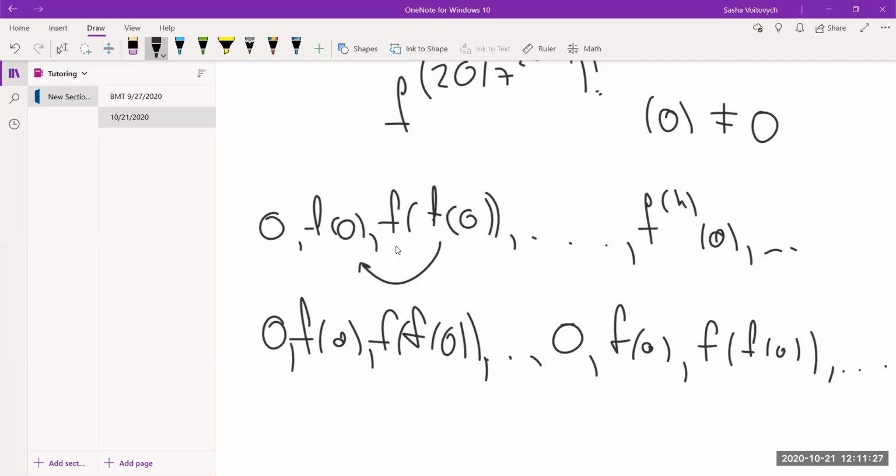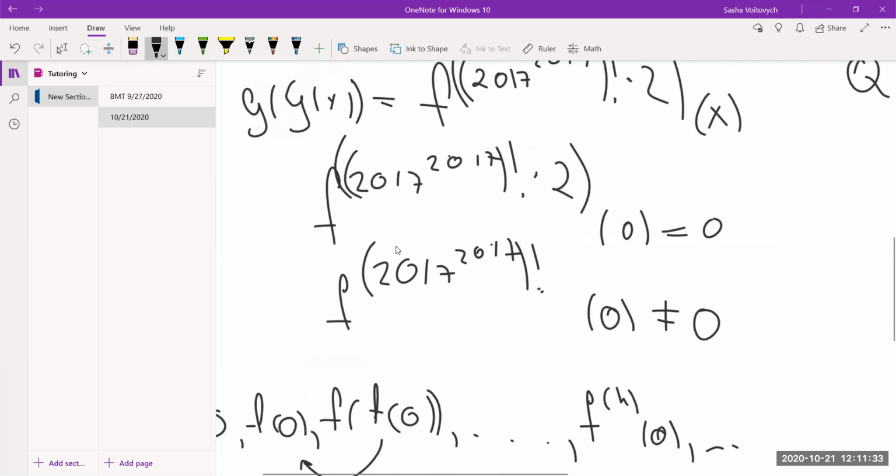Since we know that 0 appears in this sequence, we know this sequence is periodic.